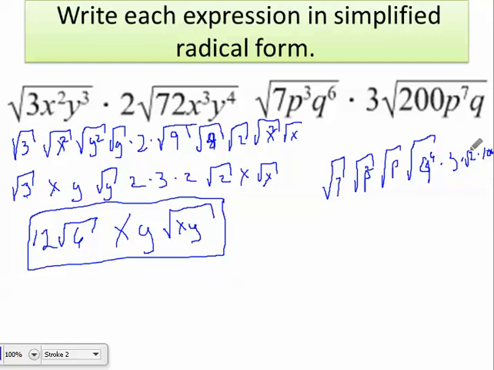Square root of 2 times the square root of 100. Why did I do that? Because 100 is a perfect square. Square root of p to the 6th, square root of p, square root of q.